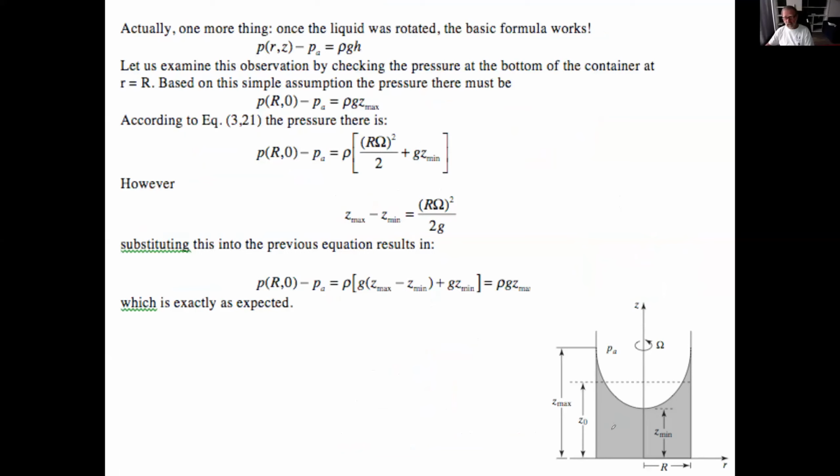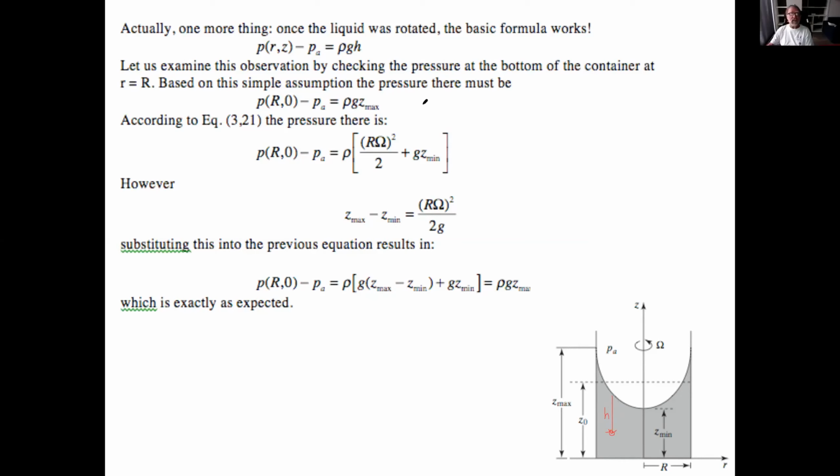If I find some arbitrary point here, and I want to find out what is the pressure, I can just go here and say rho GH, and this is H. Then the pressure at that point is going to be rho GH, which is this distance.